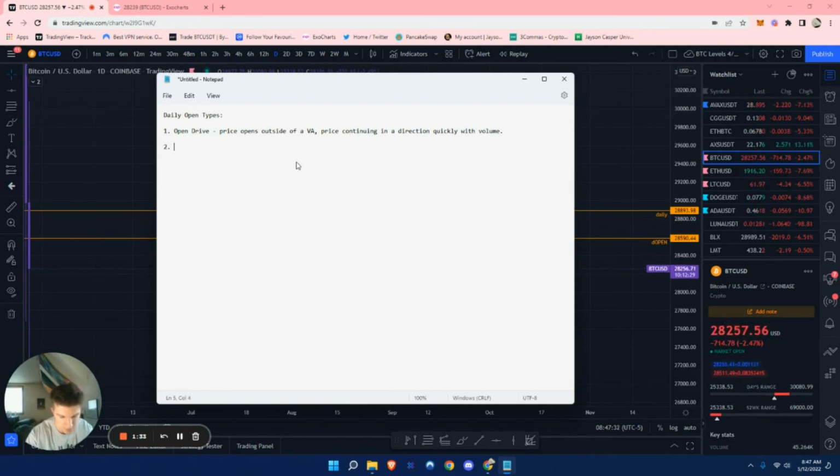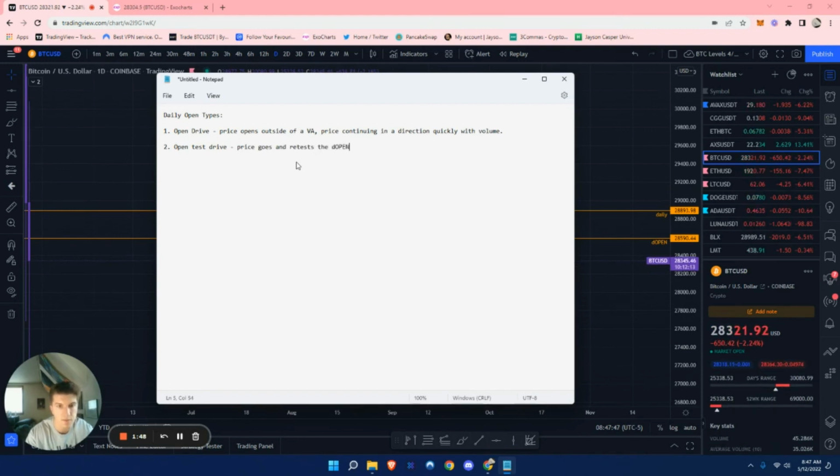The second type, probably the most talked about type of daily open, is the open test drive. This is when price goes and retests the daily open with a good amount of volume.